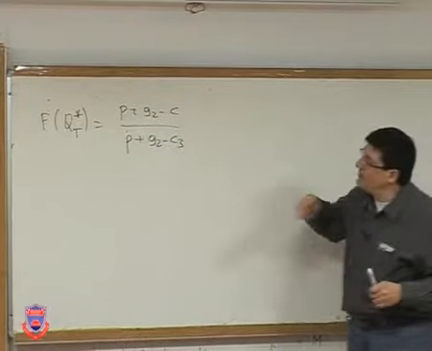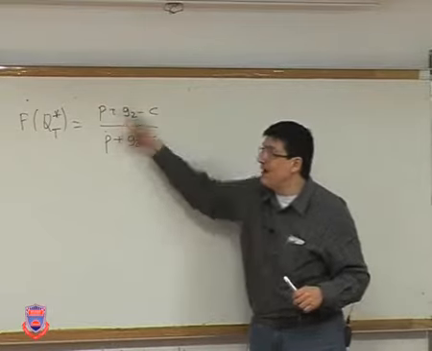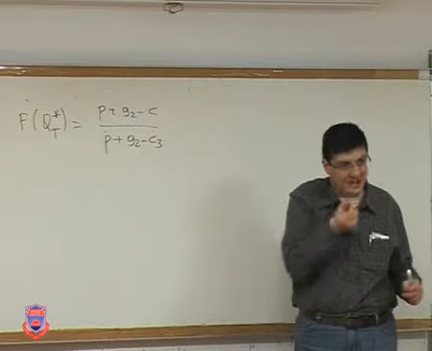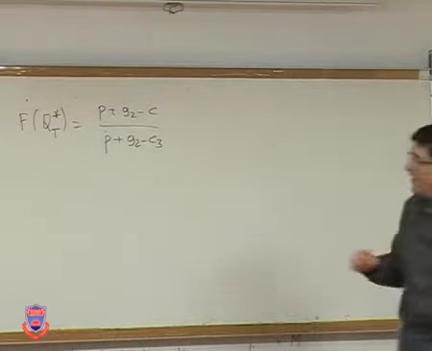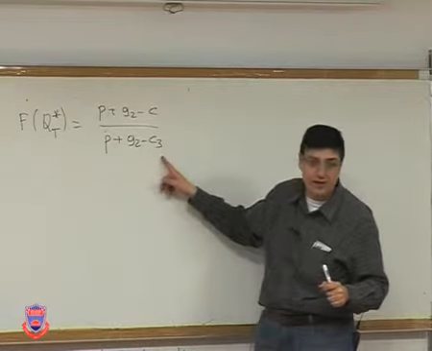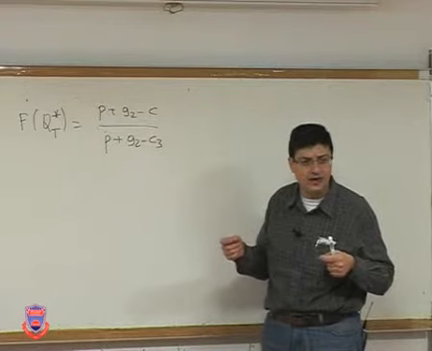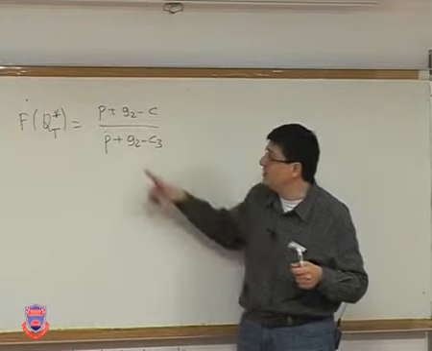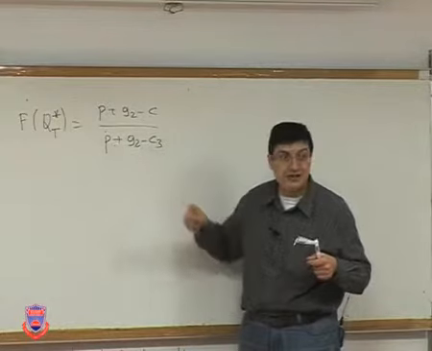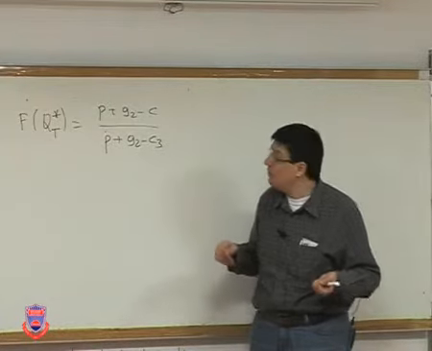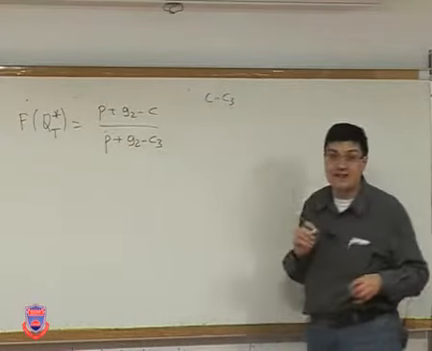If you are more familiar with cost of underage and cost of overage, this numerator is actually the cost of underage. P minus C is the lost profit per unit that you cannot sell, and G2 is the additional goodwill cost that you pay, so that's the cost of underage. And the denominator is cost of underage plus cost of overage. And what is cost of overage? For each unit that you cannot sell, you are paying C minus C3.